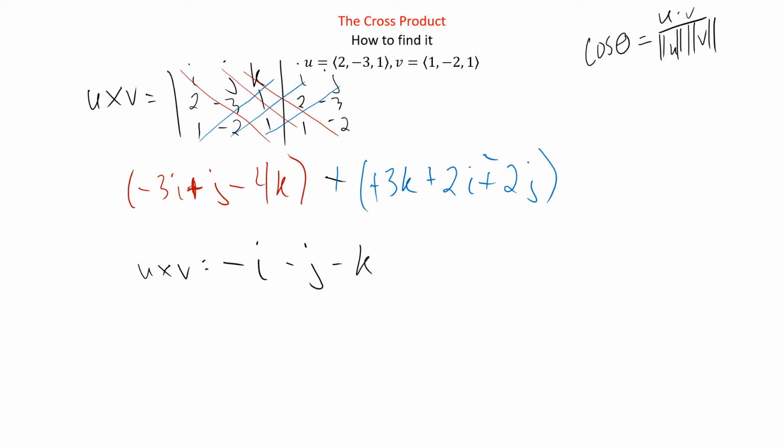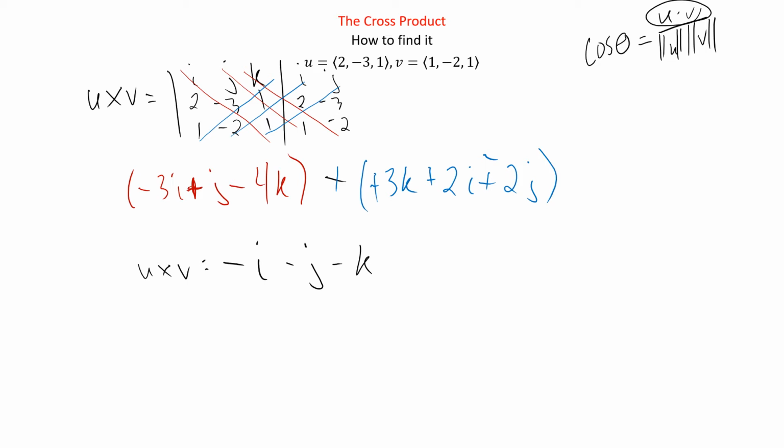If this equals 0, that means that cosine of 90 is 0, so that means they're perpendicular. So as long as the dot product equals 0, they are perpendicular. So we could test that. We'll check it with just one of them here. We'll check it with u.